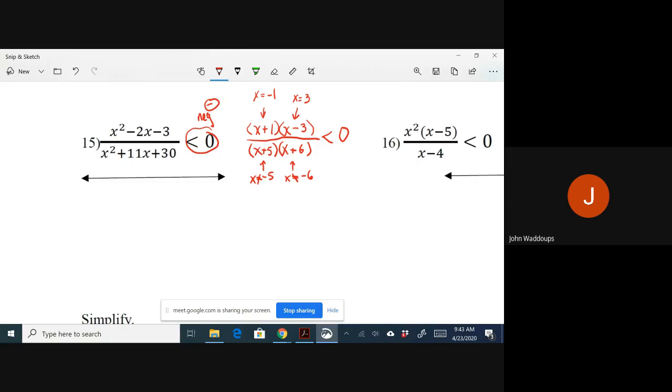So now we graph all of these numbers. We're going to start with the one that's furthest to the left, which would be -6. And then -5.